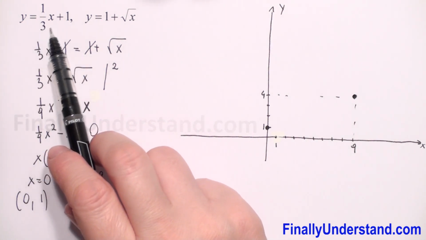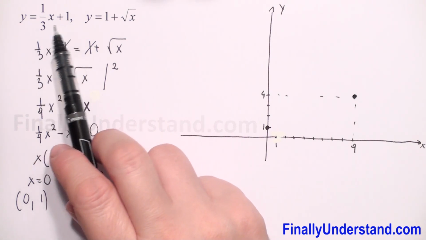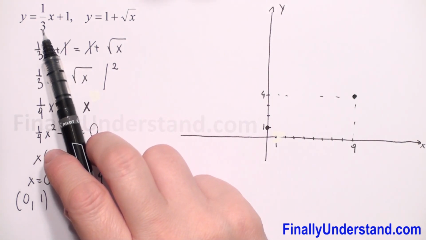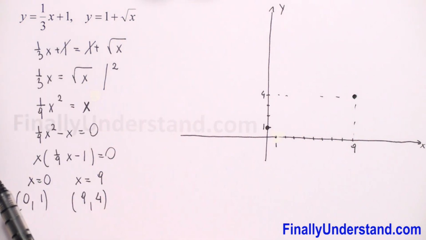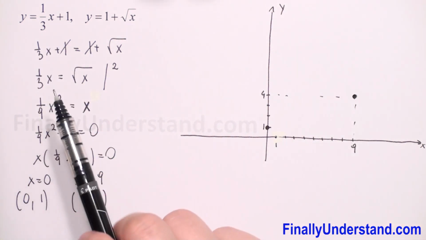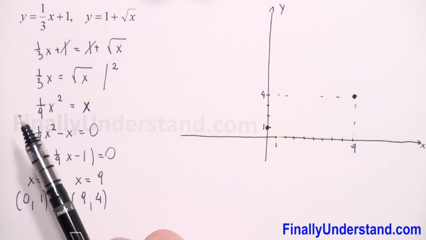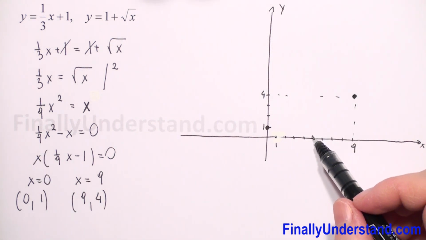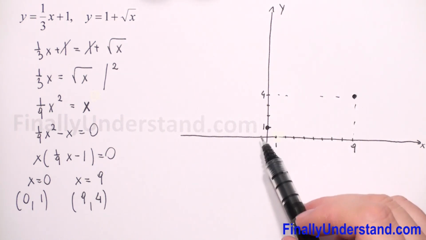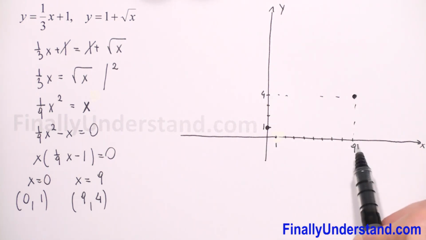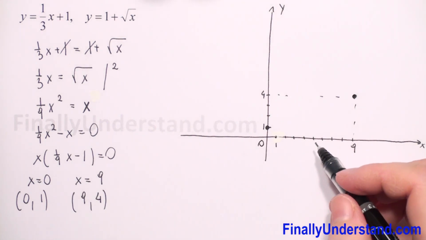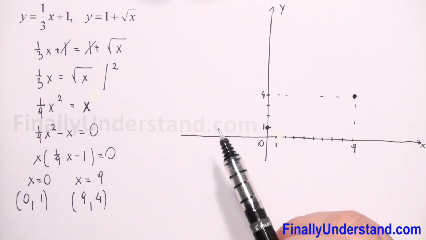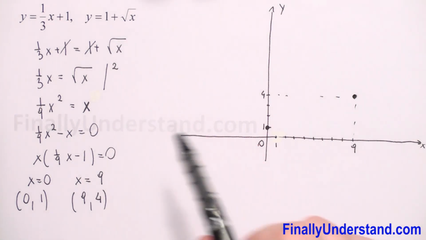Now we have to draw our curves. First is 1/3 x plus 1. This is a straight line. The coefficient before x is positive, so it means going up. We have 2 points for this curve, so we can calculate one more to see which is up and which is low between the interval from 0 to 9. I will choose 4 because for 4 it is very easy to calculate the square root.